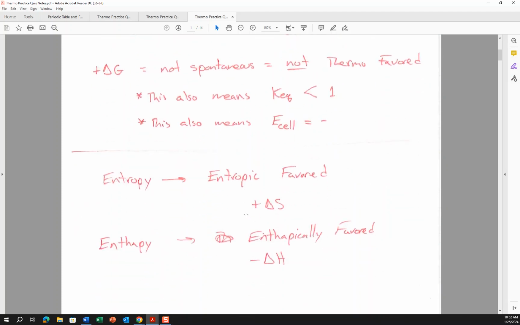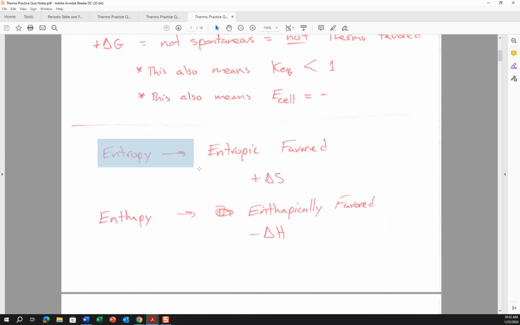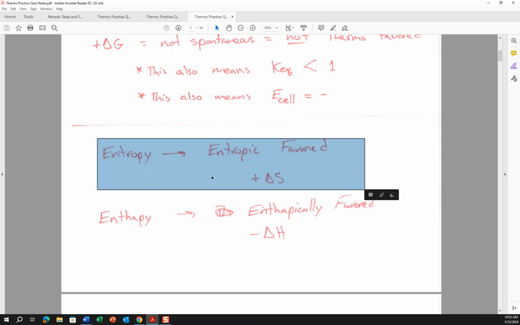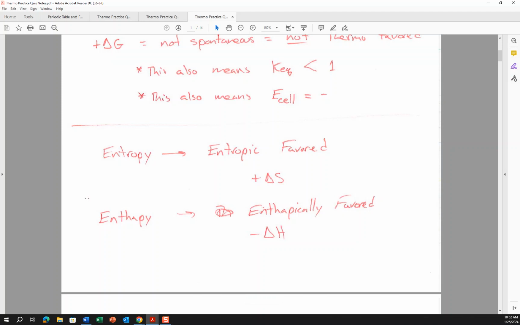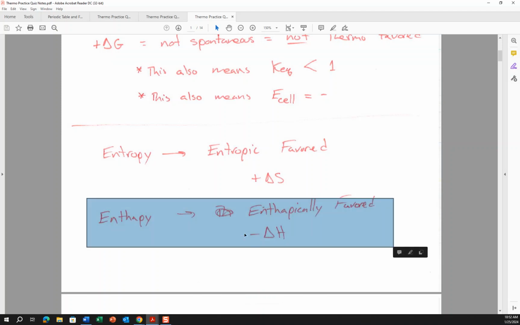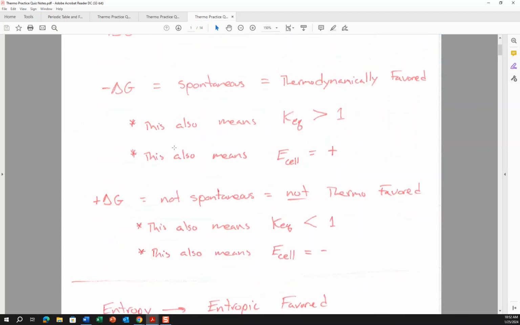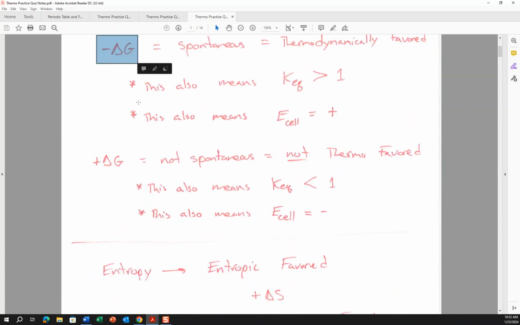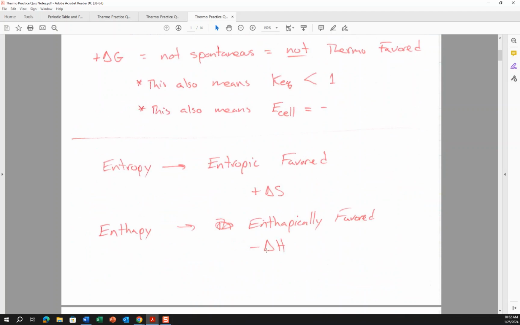All right. So just remember, a reaction can be favored in terms of entropy change, and that would be a positive delta S, or a reaction can be favored in terms of enthalpy change, and that's a negative delta H. So if a reaction is favored, meaning it has a negative delta G, but it has a positive delta H, that must mean it also has a positive delta S, and what's driving the favorability of the reaction is the entropy change.